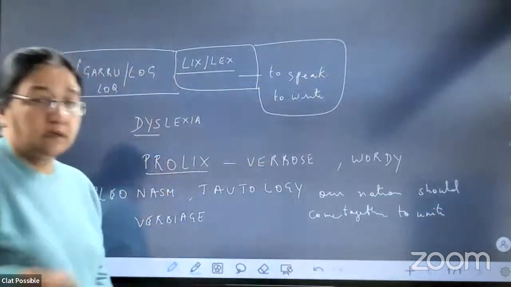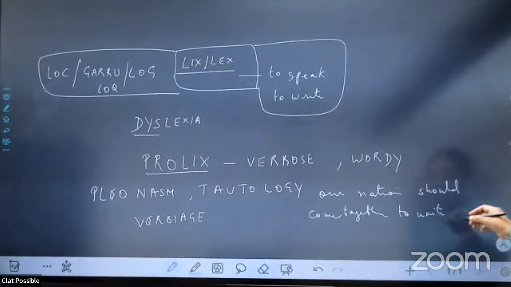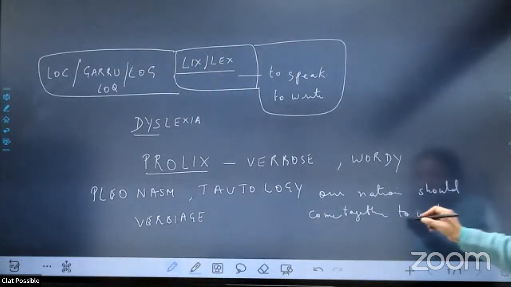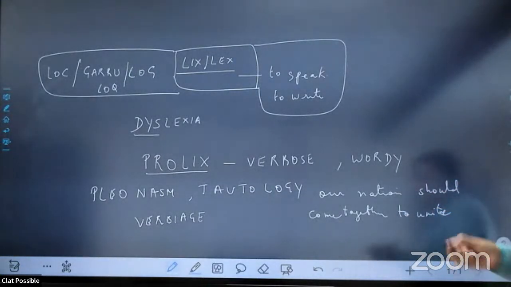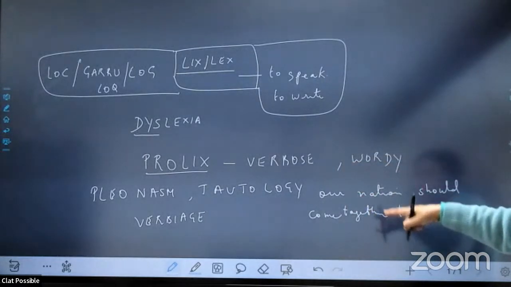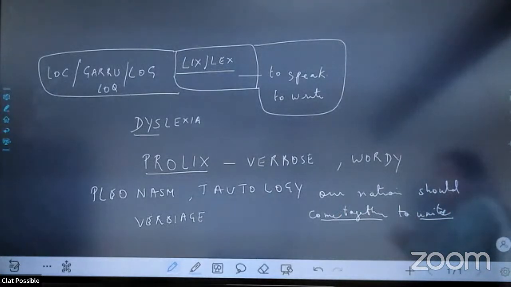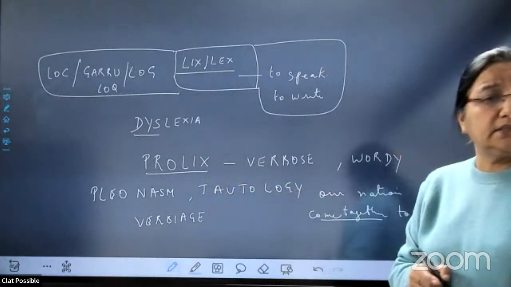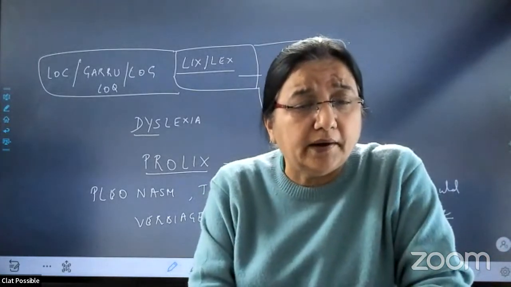Have a look at this. Our nation should come together to unite. You see what I have done? If I say our nation should unite, it could have been an easy sentence, but I unnecessarily filled it with more words. So this is where I'm using come together and unite as repeated. The same thing happens with pleonasm, where you use an unnecessary redundant word, which is not required.